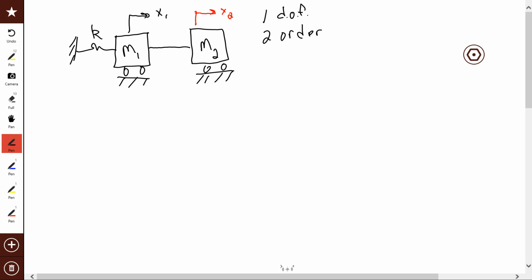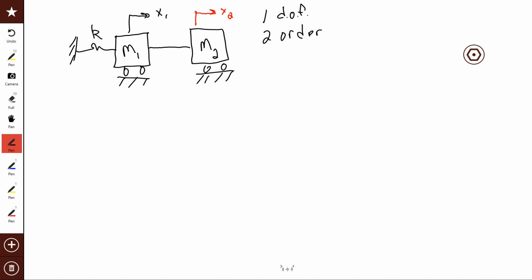And you know what's going to happen, right? x2 is equal to x1, but I'm going to do that. The reason is that occasionally you'll have a complicated system, and it's just more convenient to write free body diagrams and equations when you have more than the number of variables that you need. And then I'm going to show you how to get rid of them once you finish writing your equations.